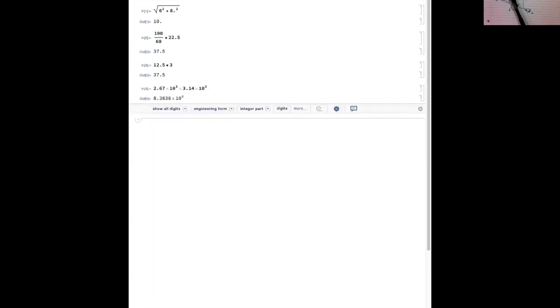And if I multiply these together, I get a number here with 6 digits. So 8.3838, right? And since I started with 3 significant digits in each number, then the most that I can have is only 3 digits. You can only have as many significant digits as the lowest number.